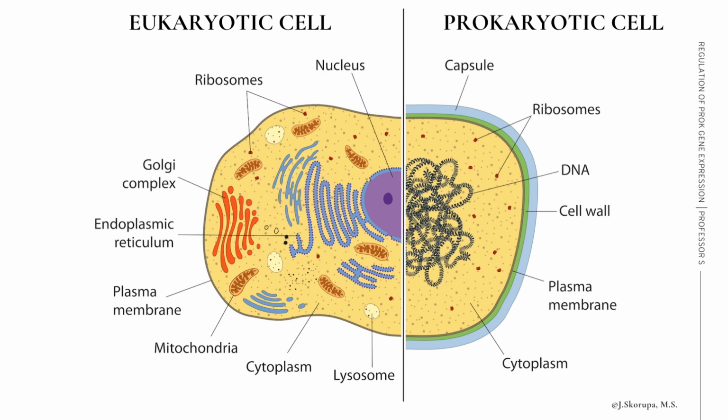Prokaryotes have a nucleoid region, and DNA is freely floating in the cytosol. Also note that while you and I have 46 linear chromosomes, prokaryotes typically only have 1 circular chromosome in the nucleoid region. Because of this, transcription and translation can occur simultaneously in prokaryotes.